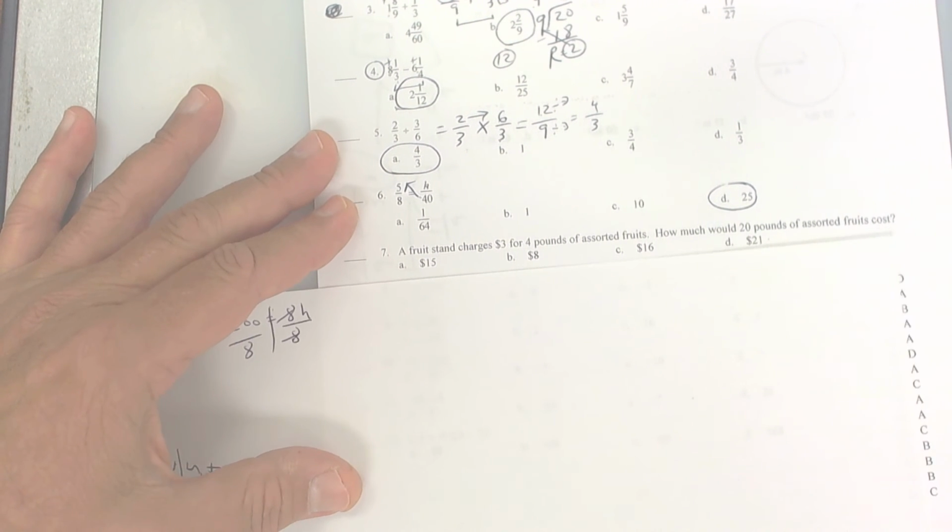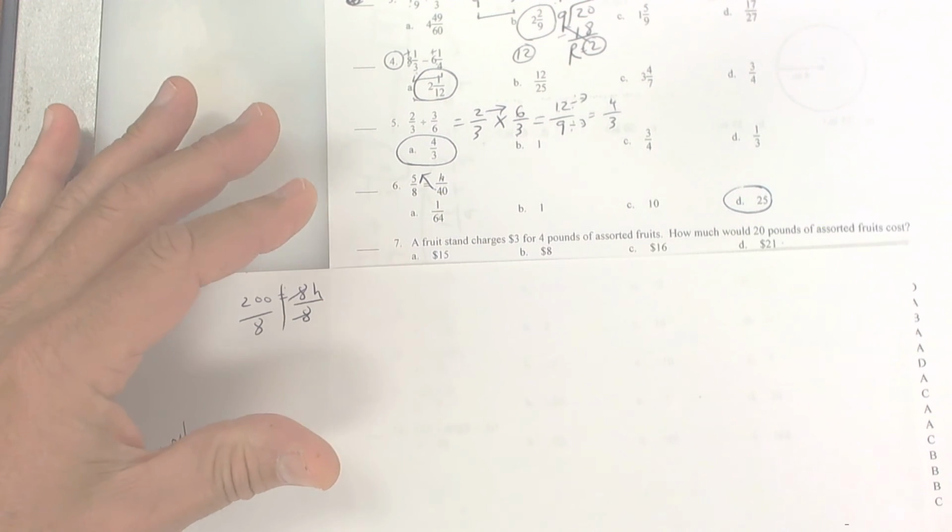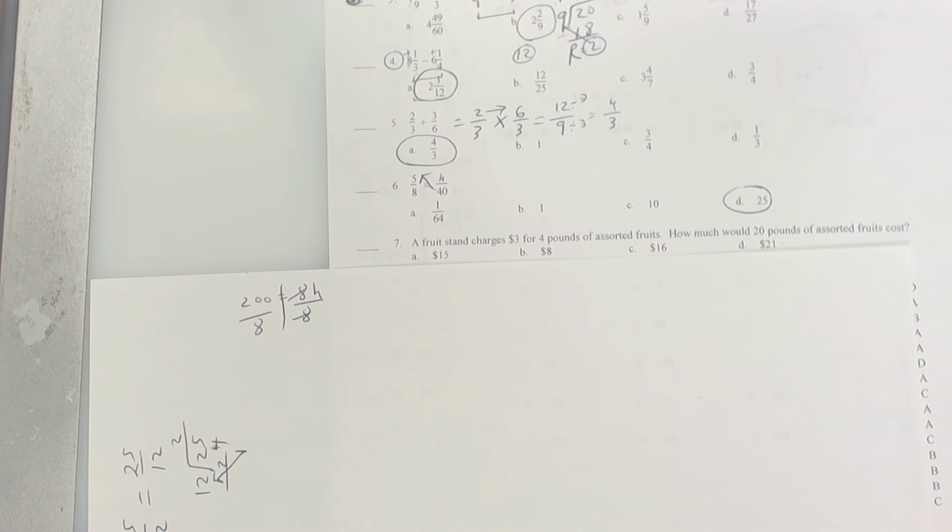Try number 7. For $3, you get 4 pounds of assorted fruit. How much would 20 pounds cost at that rate? See if you can figure that one out. That's a proportion, okay?